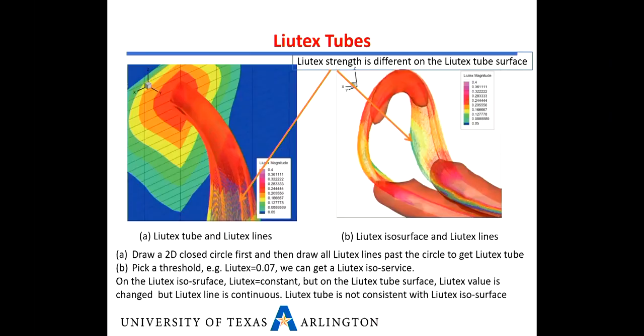This is a Nutex tube, exactly a Nutex tube, but a Nutex tube is a vortex tube, not an isosurface. This is not an isosurface. Not Q. What does Q isosurface mean? That means that at every point, this Q is equal to each other.